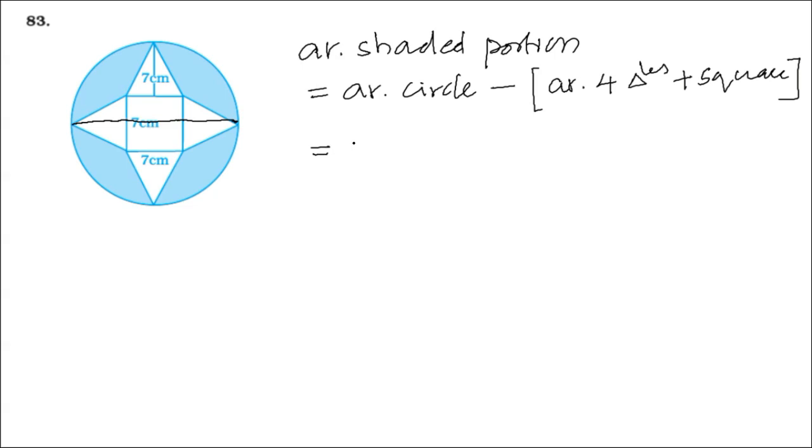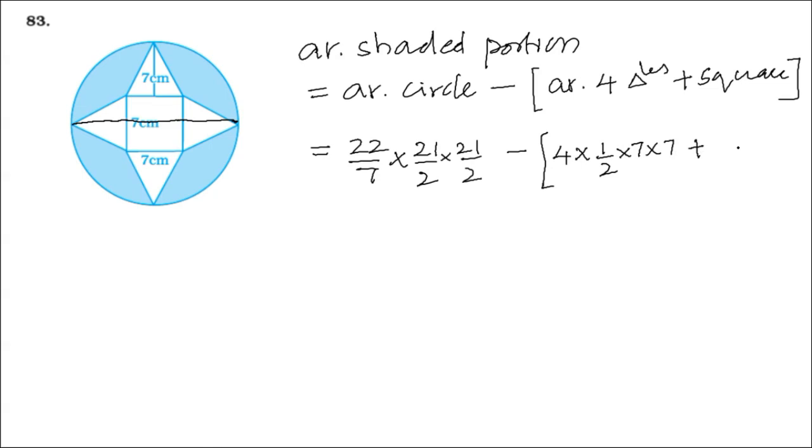So area of circle is 22 upon 7 into 21 by 2 into 21 by 2, because diameter is 21, radius will be 21 by 2, minus there are 4 triangles. So 4 times of area of one triangle is half base into height. So half into 7 into 7 plus area of square is side into side, which is 7 into 7.